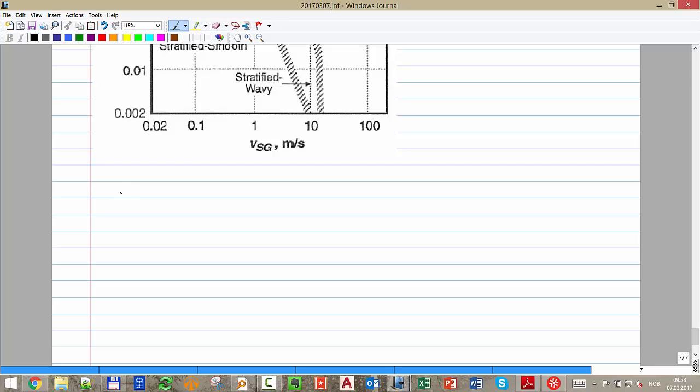So then comes another way that is called mechanistic modeling. It consists of applying mass conservation for each phase and momentum conservation.